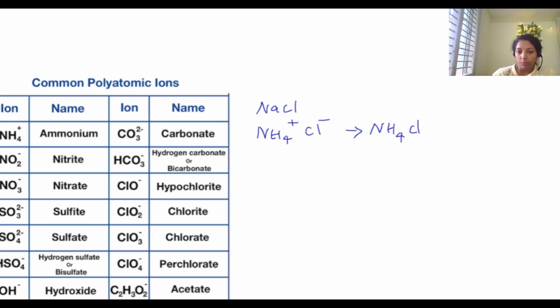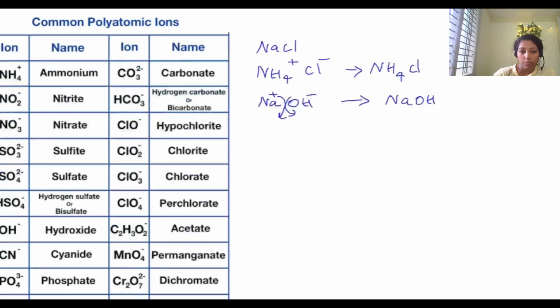Suppose this is Na plus and OH minus. What should be the formula? The formula is NaOH. So what is this OH? OH minus is another polyatomic ion. At that time, what is the rule?